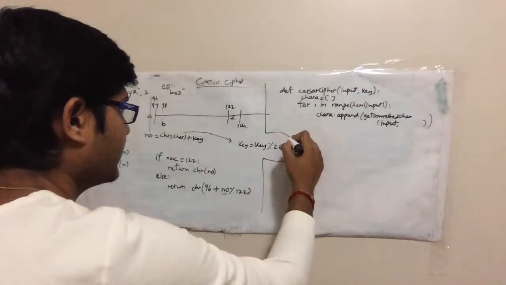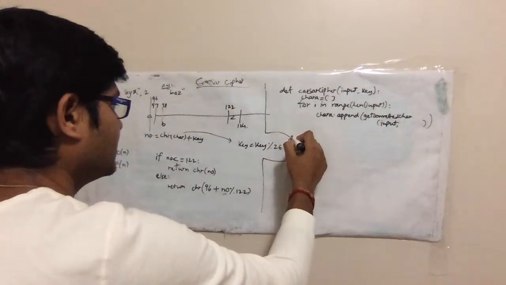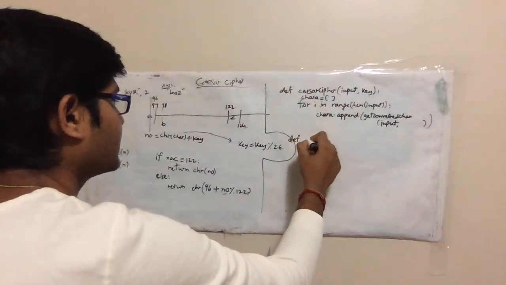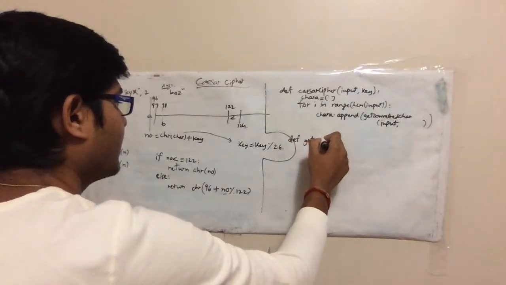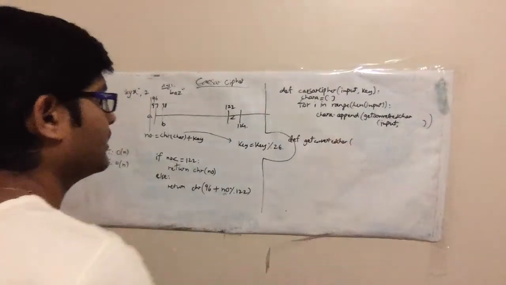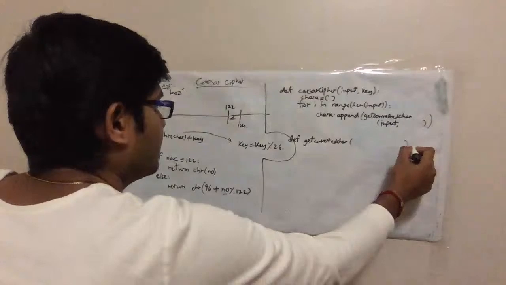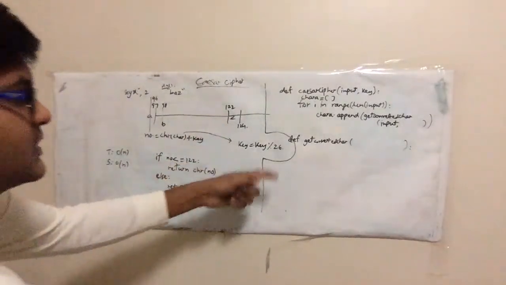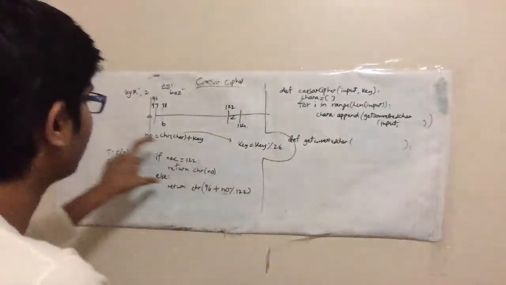So we will create that helper function definition, get_converted_char. In this function this logic goes.